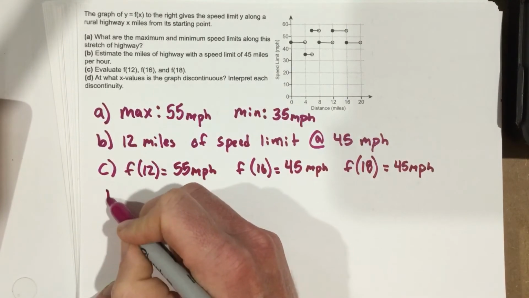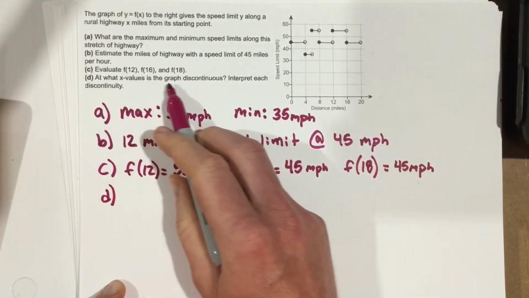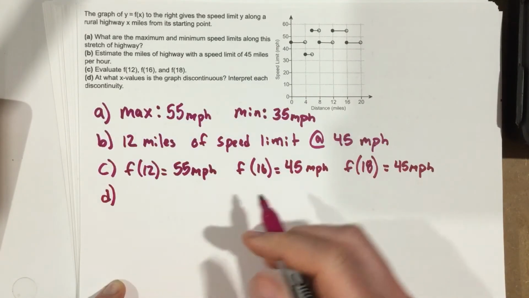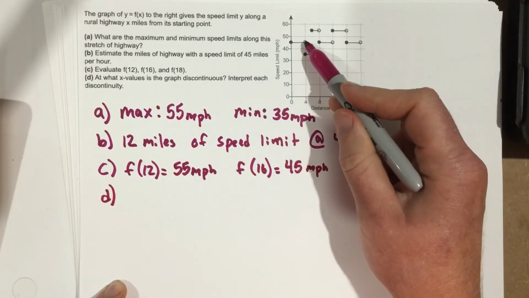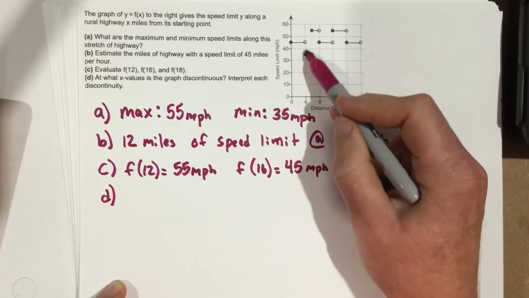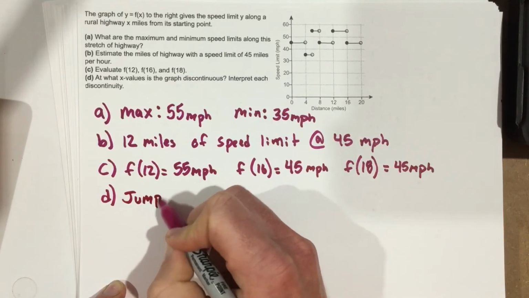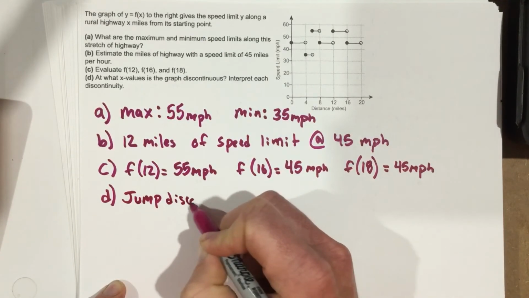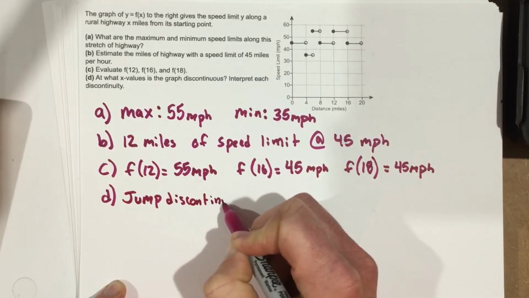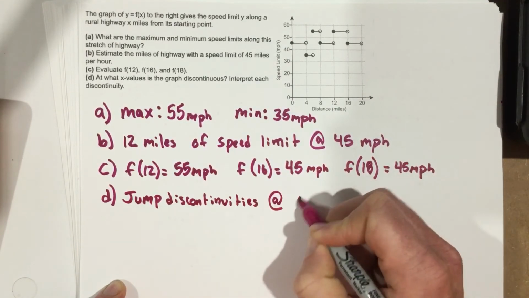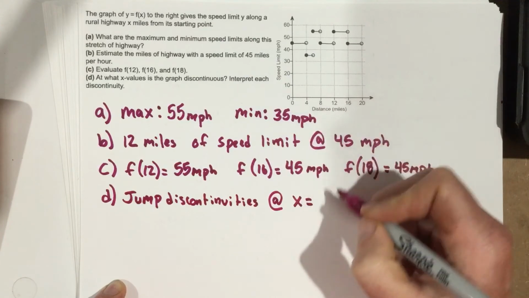Part D. At what x values is the graph discontinuous? Interpret each discontinuity. We're discontinuous where it jumps, the jump discontinuity. So maybe we'll say jump discontinuities at x equal 4.